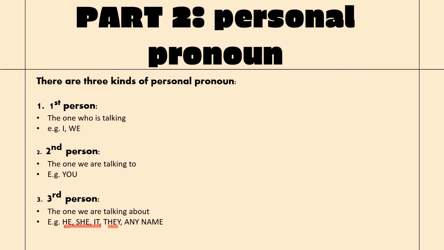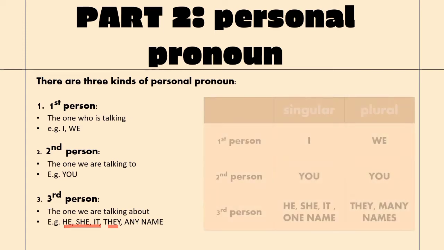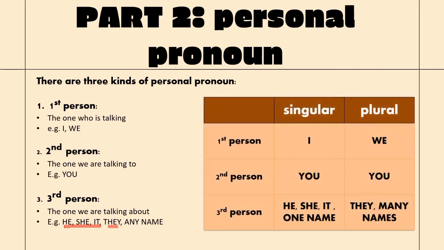And if there is a singular name, then it is third person singular. Or if there are many names like Ali, Sarah and Ahmed, so there are three names, so it will come in third person plural. Here's a chart for you, so it will make it clear what are the third person singular and plural. Take a look at this.